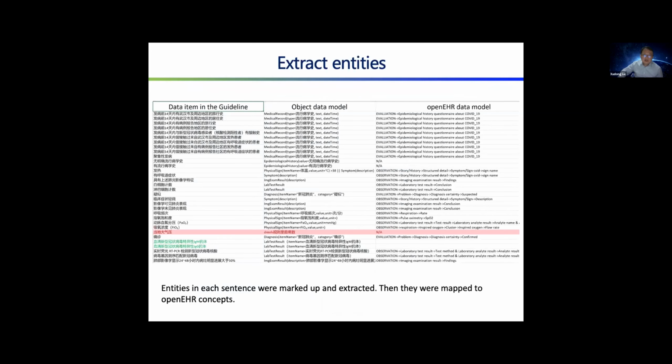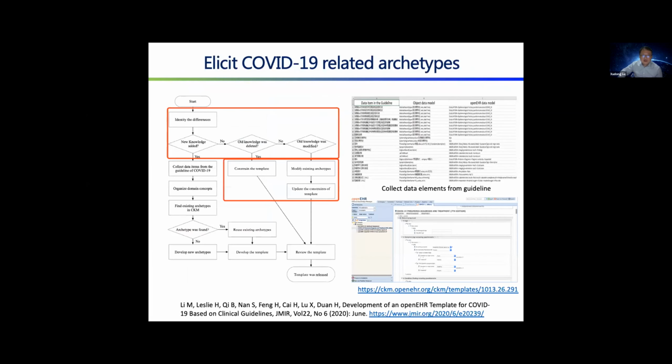At first, we need to extract the concepts and entities from the guideline, and those entities need to be modeled as openEHR archetypes. For the method, we use the traditional openEHR modeling method, so I will not go into detail about how to model that.